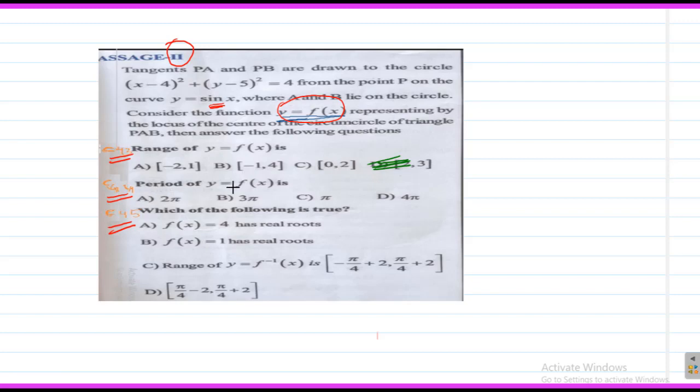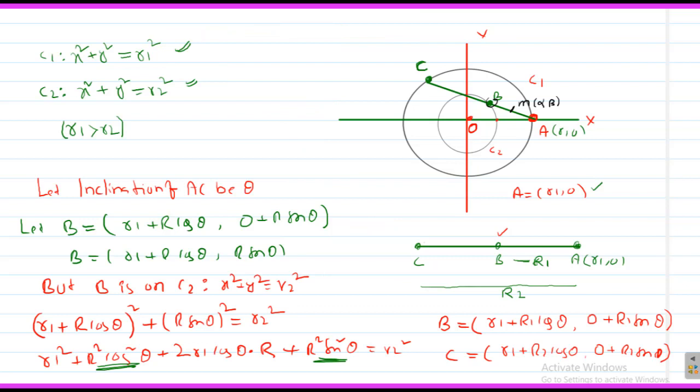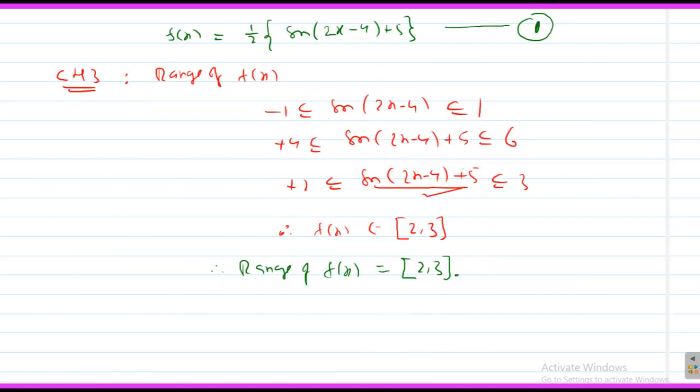Next one is the period of f of x. We should find the period of f of x. Now I can say that this is the answer for D. Next question is C44. I want to find the period of that function. So simple function, no? Simply you can say that the period is equal to 2 pi by, the fundamental period of the sine function, by the x coefficient, that is 2.